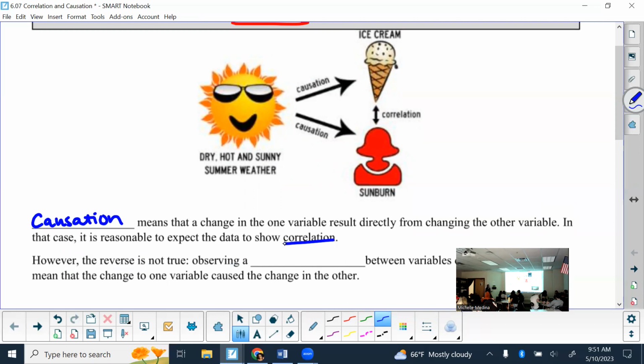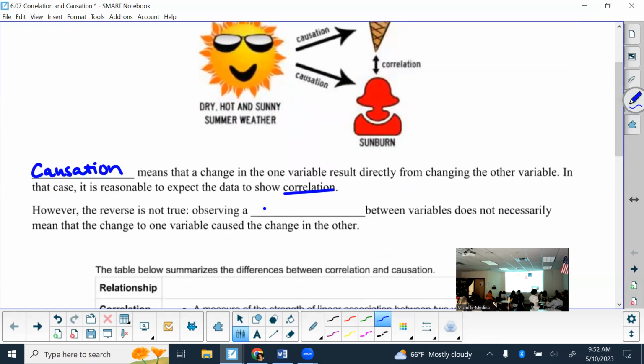So if there's causation, there's almost always correlation. But the reverse is not true. Observing a correlation, like a trend within your data, does not necessarily mean that the change to one variable caused a change in another. So sometimes there is both correlation and causation.